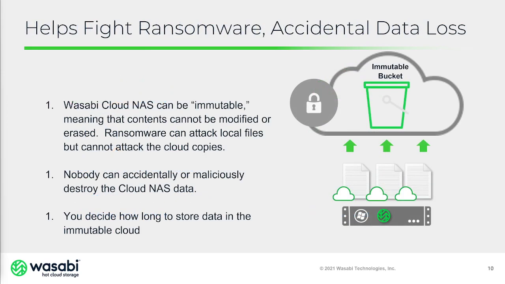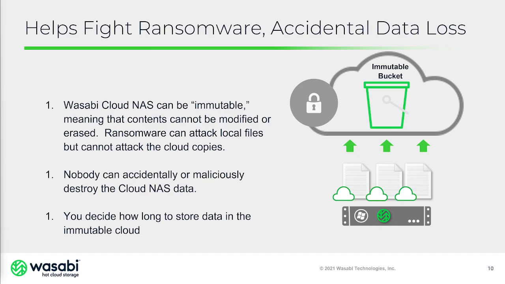So last but not least, we can also enable immutable storage for those file shares. So if you've got data that you want to use with Cloud NAS and send up to Wasabi to make sure you've got two copies of data, but you also want to make sure that if you're hit with ransomware or anything like that, that cloud copy cannot be changed.